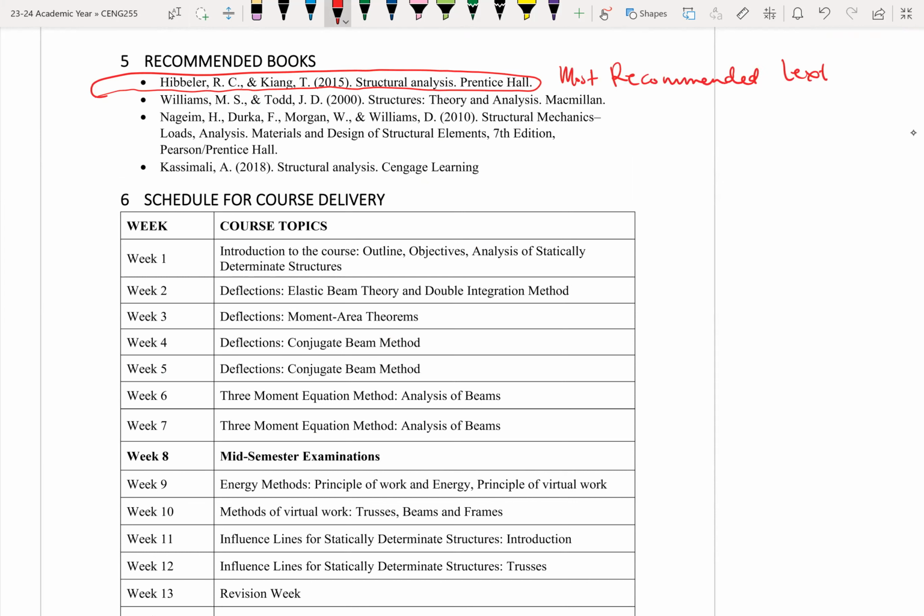And then you can also look at the Kassimali structural analysis textbook. It tends to complement the Hibbeler.